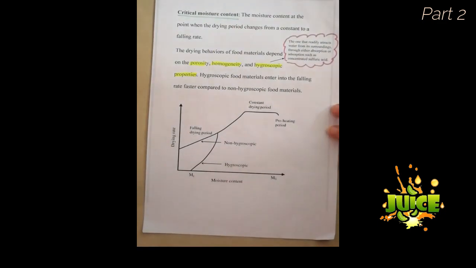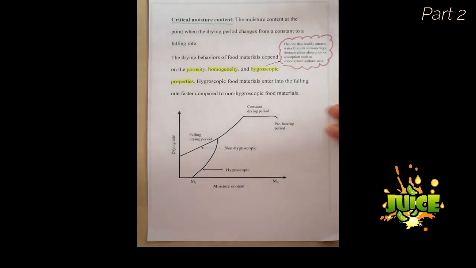Next, now we may be wondering what is critical moisture content. Critical moisture content is the moisture content at the point when the drying period changes from a constant to a falling rate. The drying behavior of food material will depend on porosity, homogeneity, and hygroscopic property.